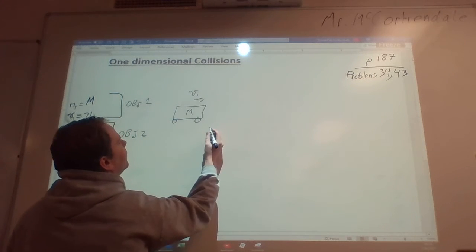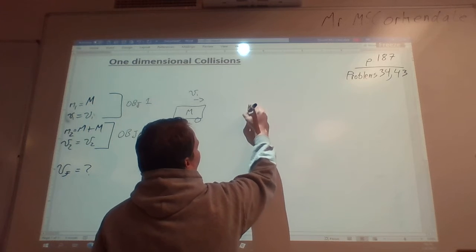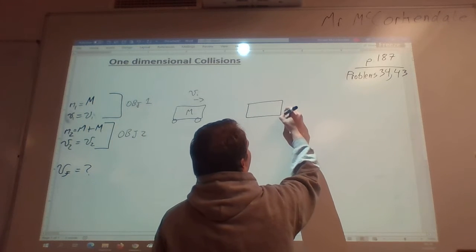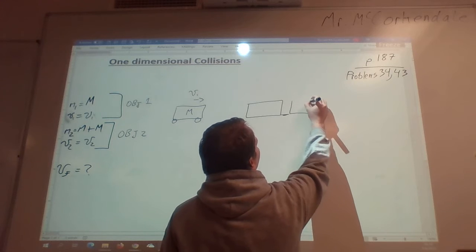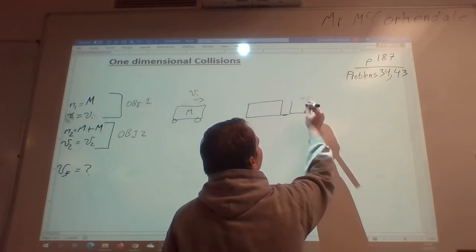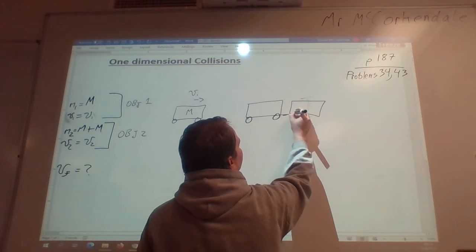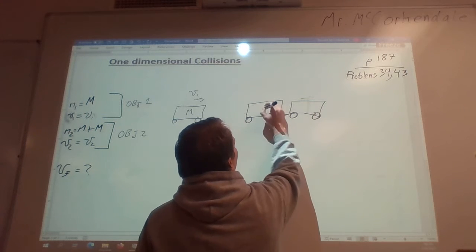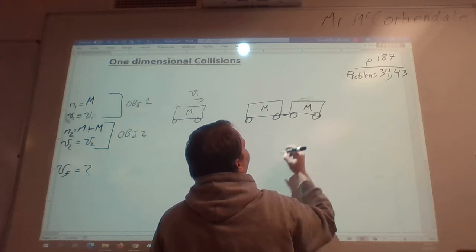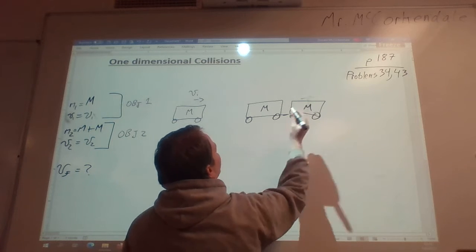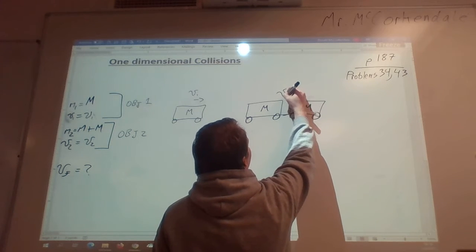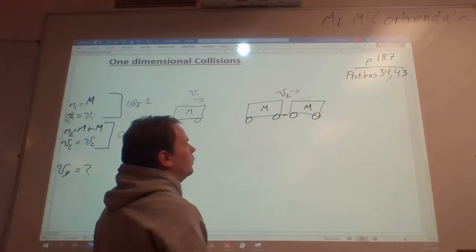And it encounters two carts that are coupled. Both of these have the same mass as this cart, but they're traveling at a slightly slower V2.